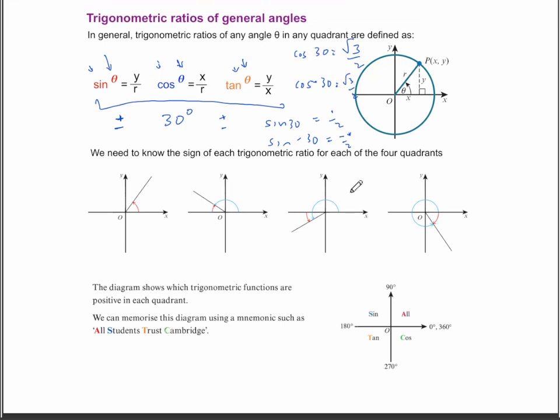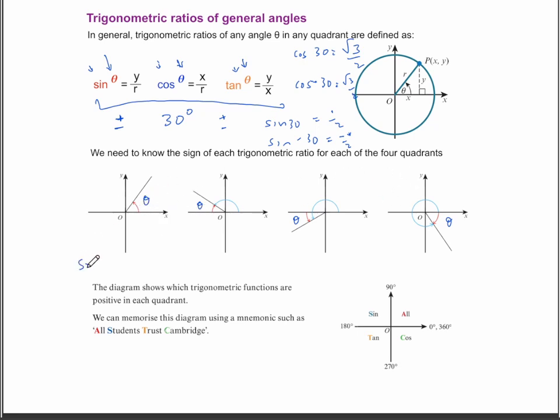Meaning, if we have these 4 angles, and suppose all of them are theta, meaning the same angle theta, the acute angles I'm talking about, the reference angles, that just means that sine theta of all of this will have a certain magnitude.